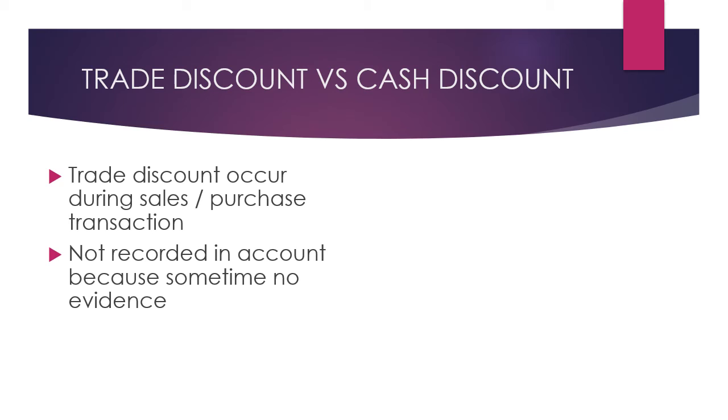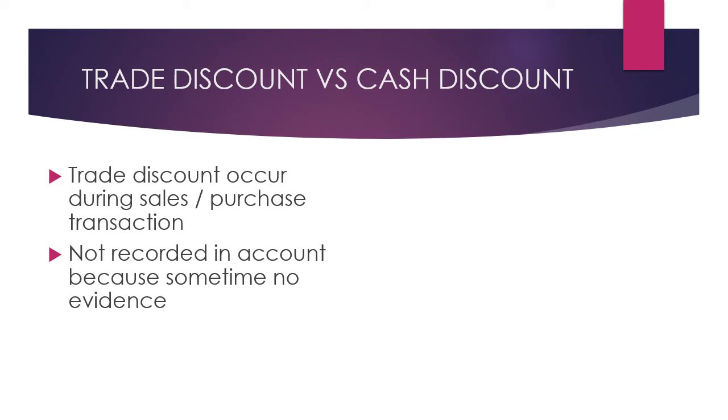So there is no evidence on the cash bill or on the invoice saying that you received the discount. Some businesses, yes, they want to trace which sales personnel loves to give discounts to customers. So they need to keep track of that.